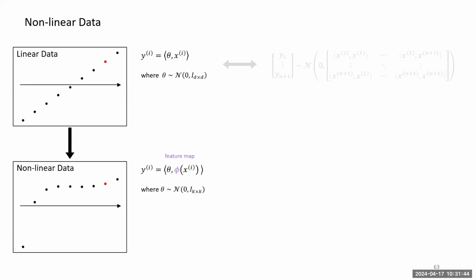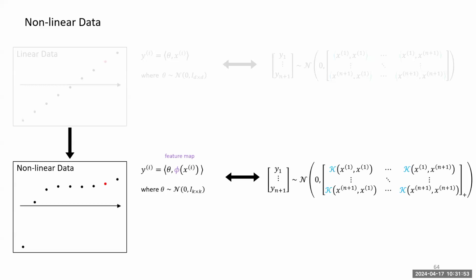A natural generalization of this is to let y be a linear function of some feature map phi, which is in turn equivalent to saying that the labels y are jointly sampled from a Gaussian process with covariance matrix generated by some kernel k.